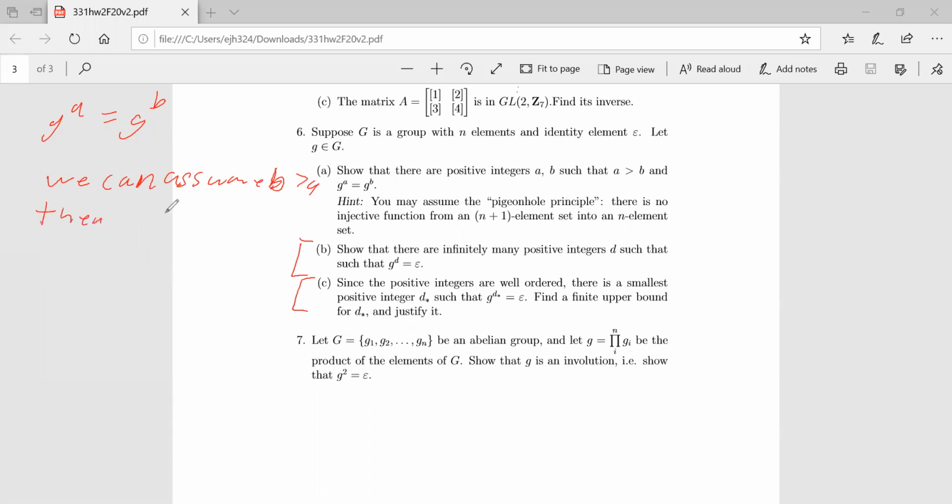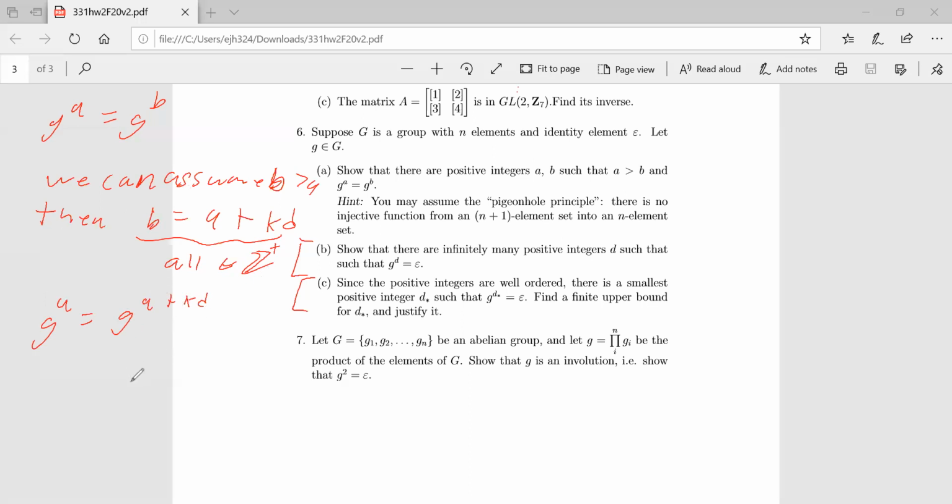Then b is equal to a plus kd, k being a positive integer, and all of these being positive integers. So we then have g^a equals g^(a+kd).